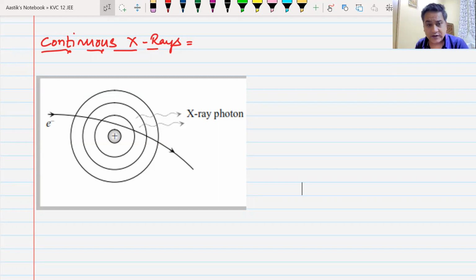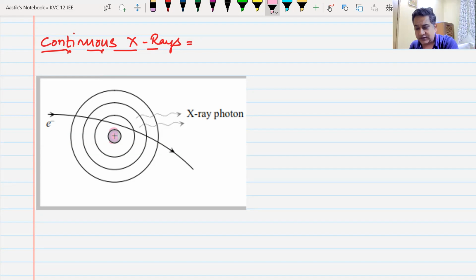Once they are moving towards the target element, they will collide and lose their energy in some form. Here, they lose their energy as they pass close to the nucleus of the atom. Do you see the nucleus of this atom? When the electrons pass close to the nucleus, they lose their energy continuously.